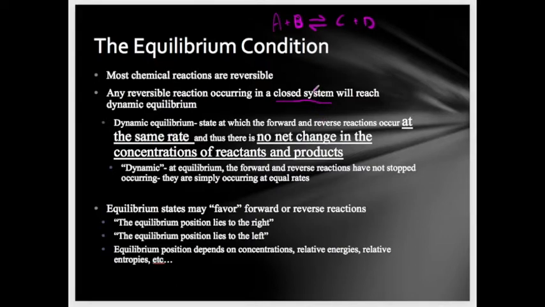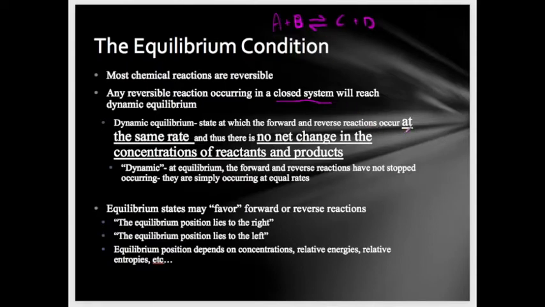Any system that is closed, any chemical system that's closed, is going to reach dynamic equilibrium, where that means that the rate, so this is following right up after our kinetics unit where we were studying rates of reactions, the rate of the forward reaction begins to become equal to the rate of the reverse reaction.